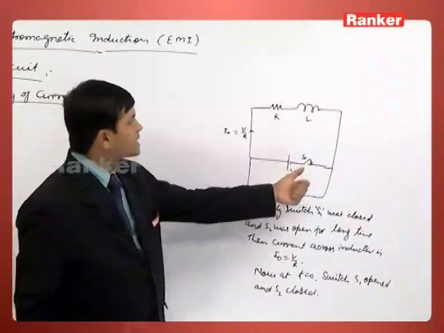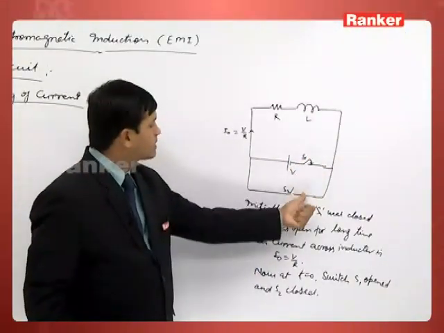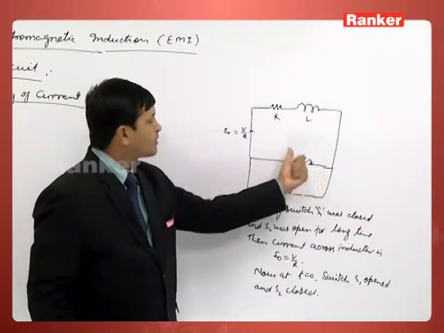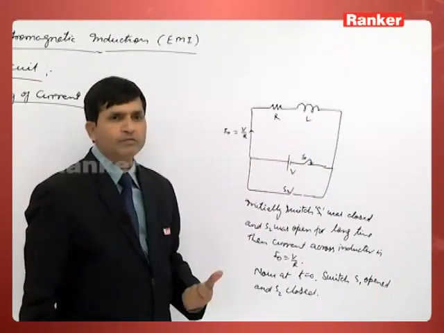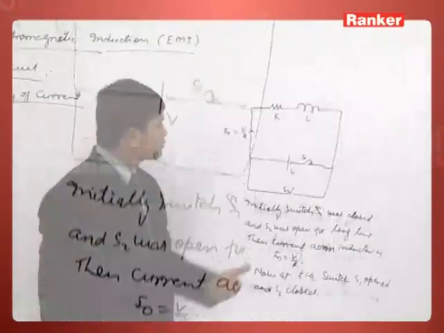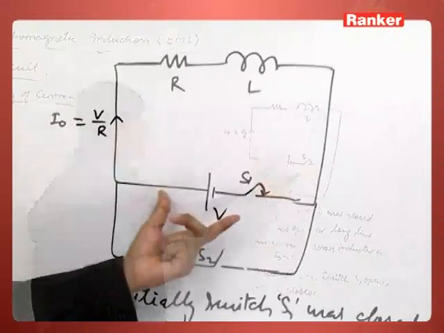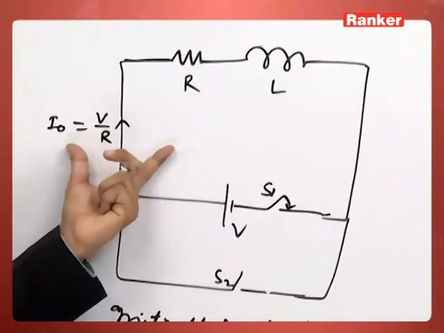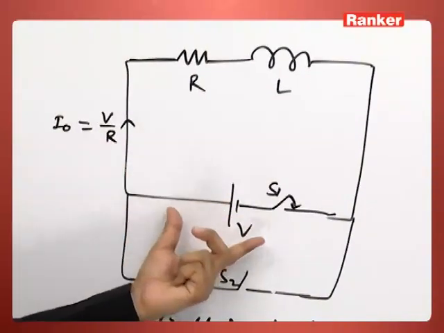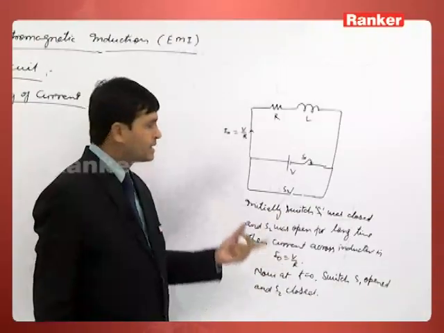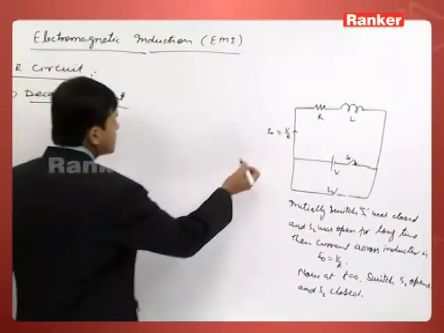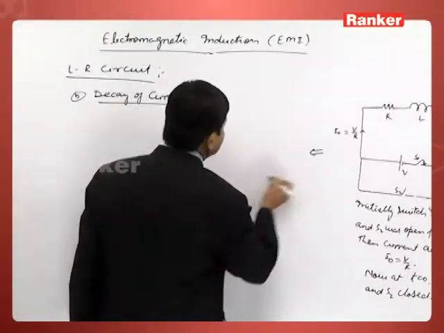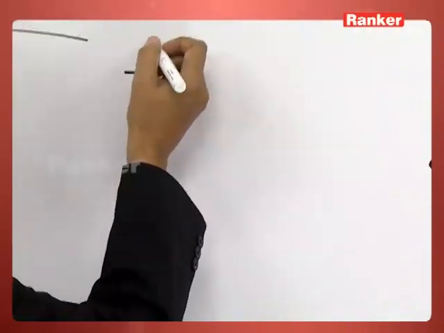So as soon as S1 opens and S2 closes, the EMF source has been removed from the circuit and S2 is closed. Since there is no EMF source remaining, no device is available to maintain the current, so the current starts decreasing.